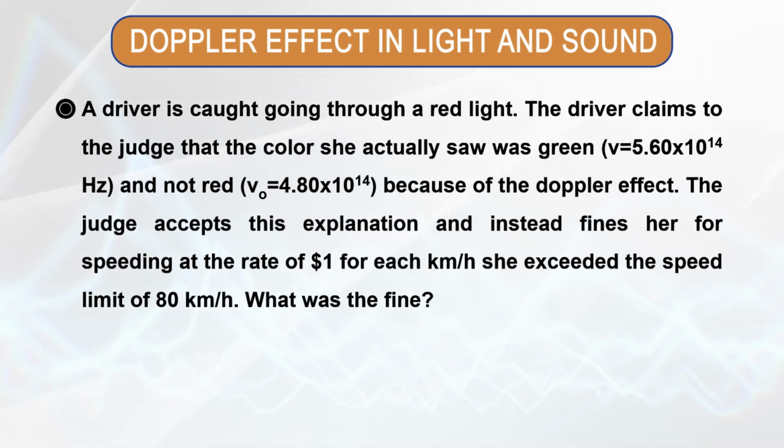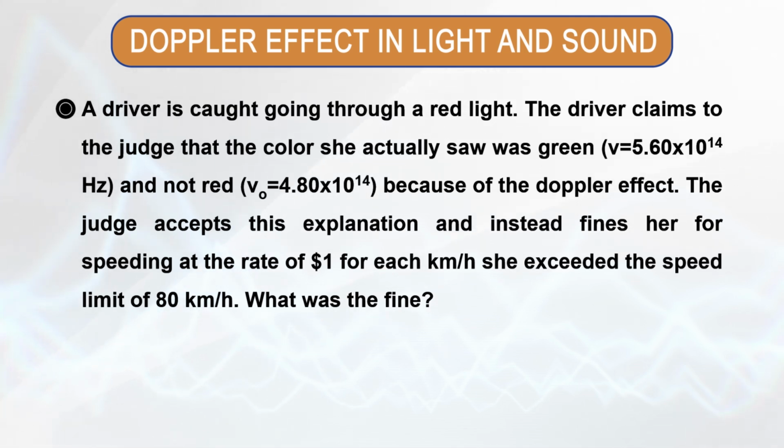The light was originally red, but she may have observed green. So the judge accepted that explanation, but instead fined her for speeding at the rate of $1 per 80 kilometers per hour. So, what was the fine?